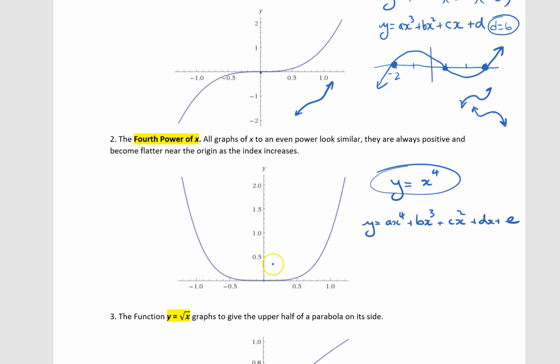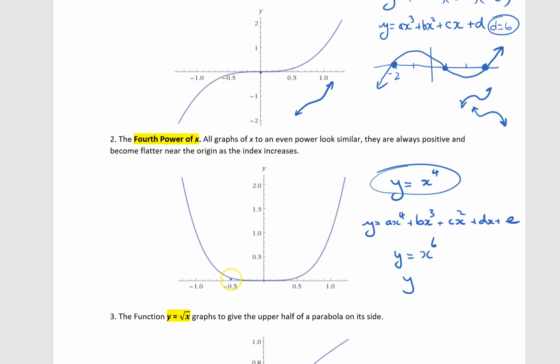So then what we actually find is that every even powered x function with no complication to it, no x to the fifth term, fourth term, third term, none of that, will also graph to be a parabola.